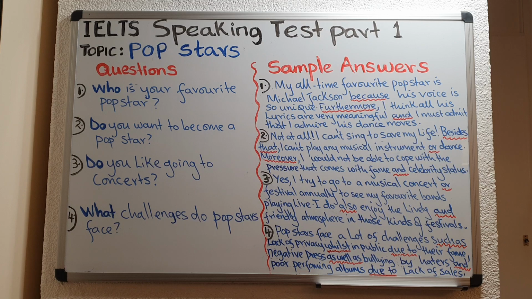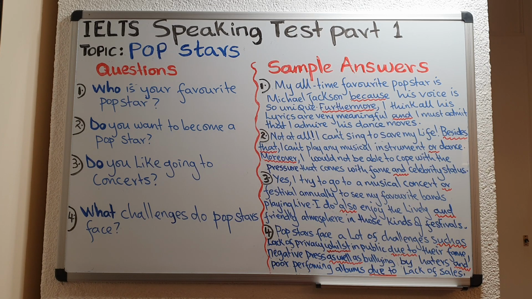The easiest way to remember is as soon as you use a linking word, that is one linking word, that is a compound sentence. And when you use more than one linking word, then you have a complex sentence. Okay? So use a variety of sentence structures in your answers. Use simple, compound, and complex sentences.